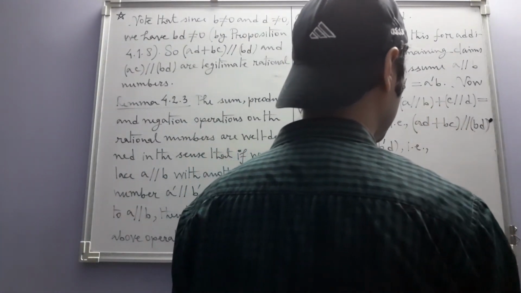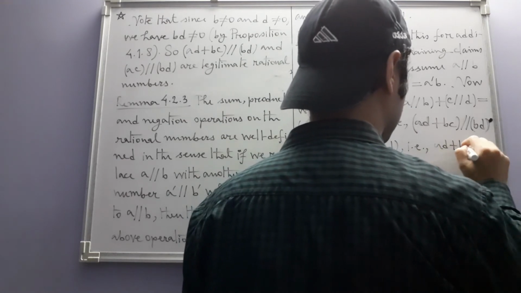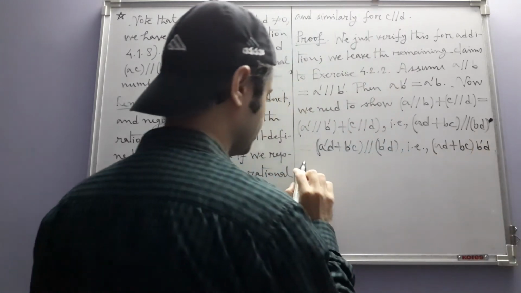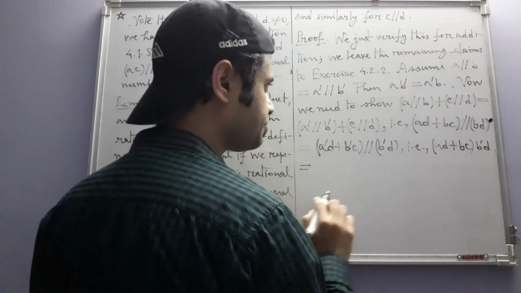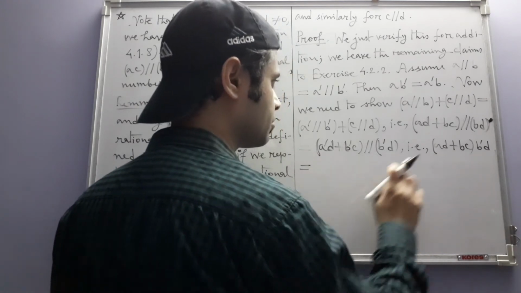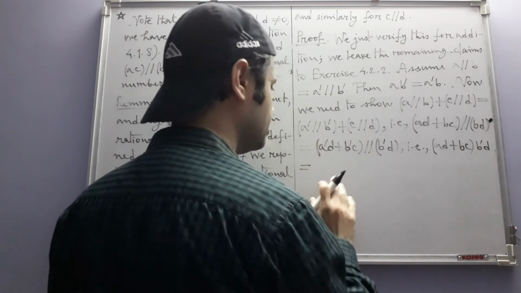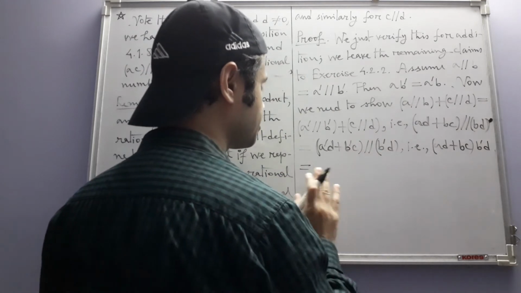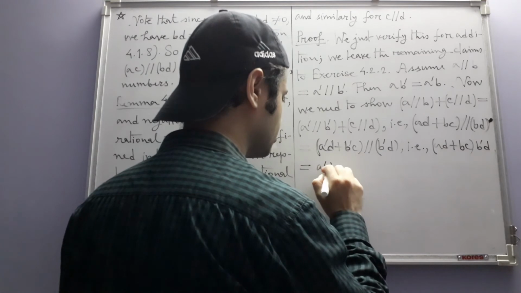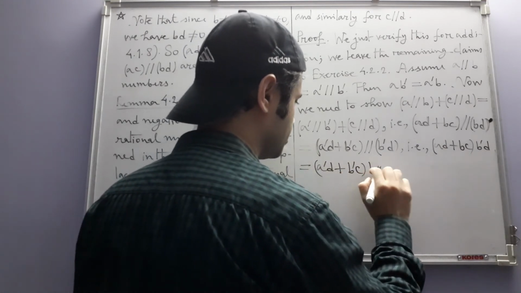This in turn will be equivalent to (AD plus BC) times B prime D is equal to B prime C times BD. It doesn't matter which one we write first, but just for the sake of definition, let us write it how it's given in the definition.